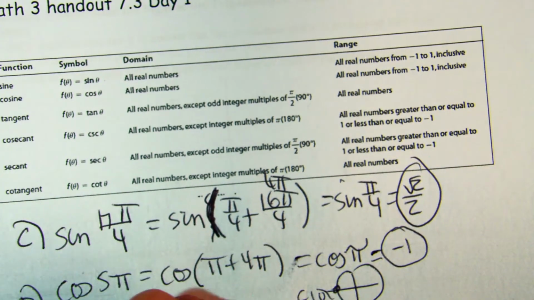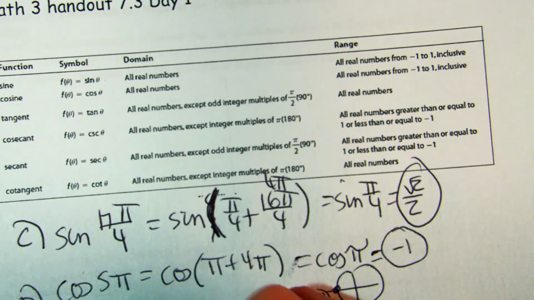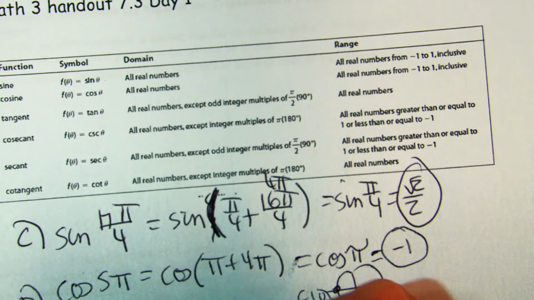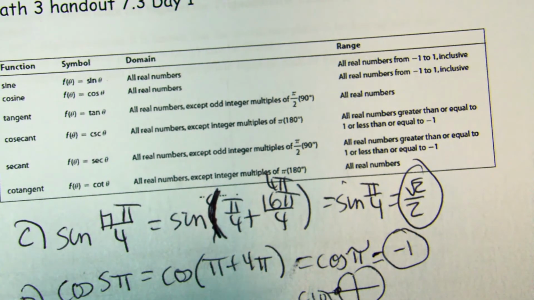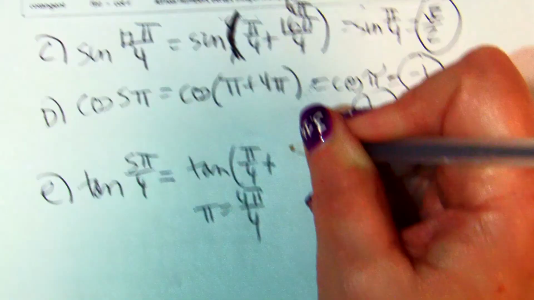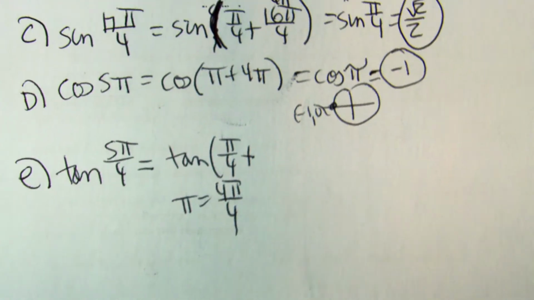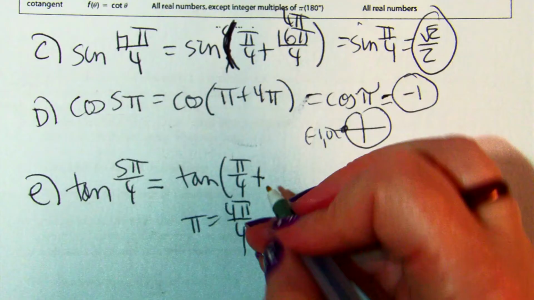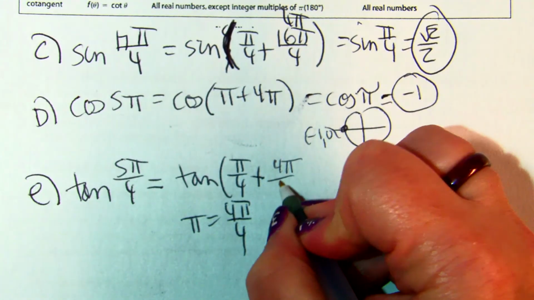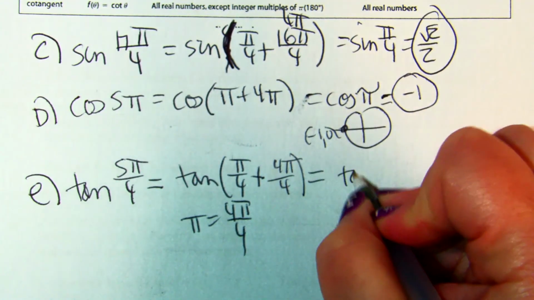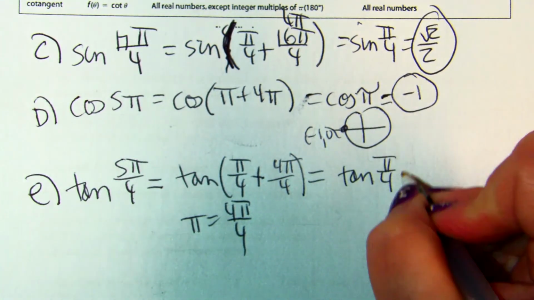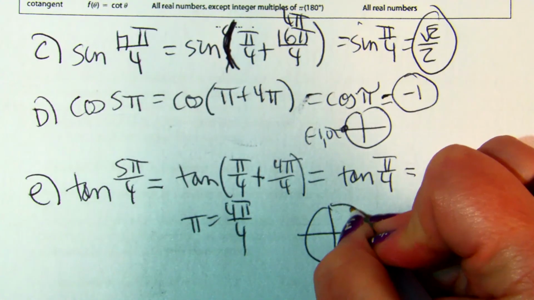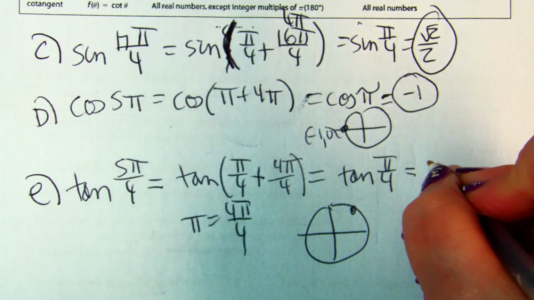And then E, tangent of 5 pi over 4 equals tangent of pi over 4 plus pi, and pi is 4 pi over 4. Together that's 5 pi over 4, so that's equal to tangent of pi over 4. And pi over 4 is right here, root 2 over 2, root 2 over 2, so we get 1.